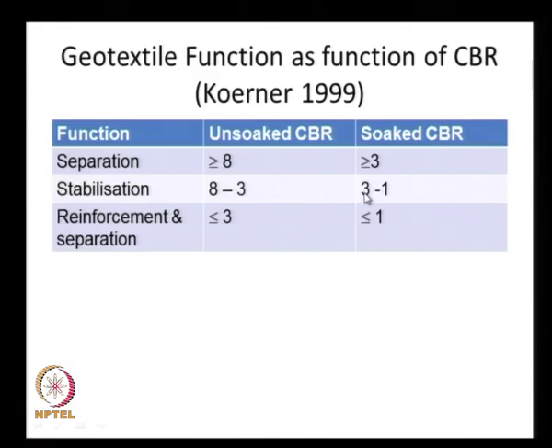When the soaked CBR is in the range of 3 to 1, we need to use the geosynthetic not only as a separator, but also as a stabilizing unit or as a reinforcement layer. And for extremely soft soils with a soaked CBR of less than 1, we need both functions, as a reinforcement and also as a separator.